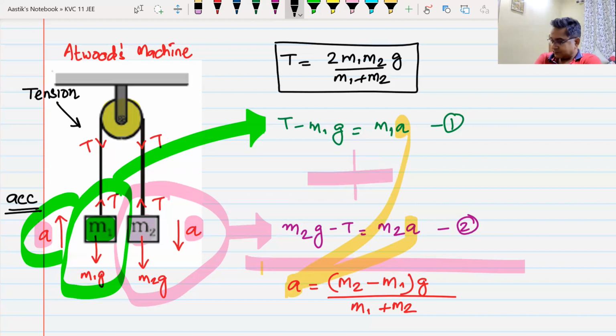Now, we cannot get a shortcut for tension, because it's very difficult to get tension from some short thing.